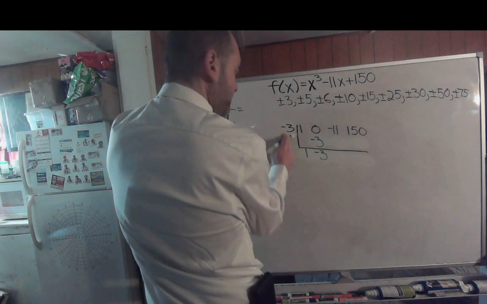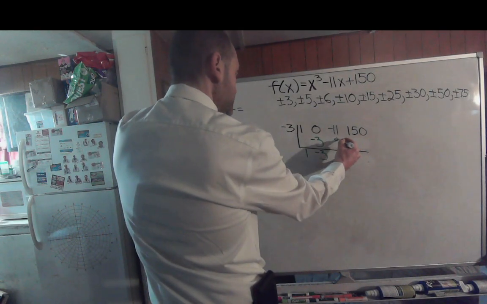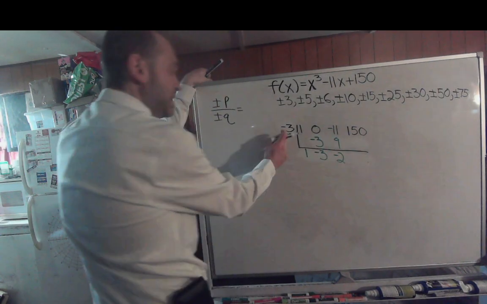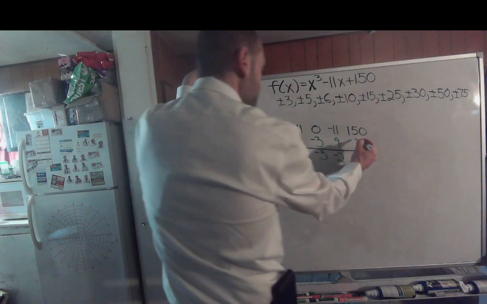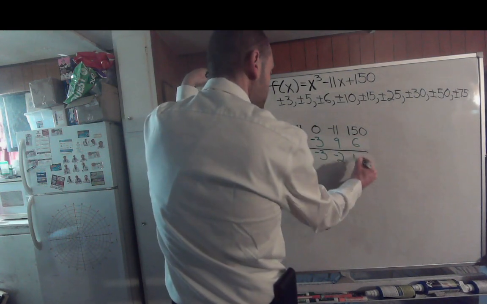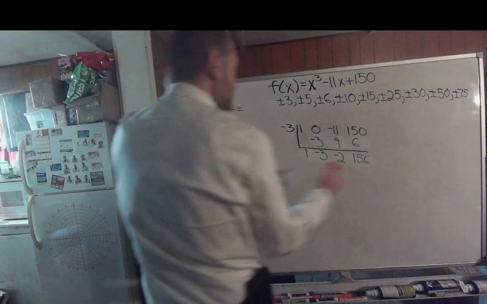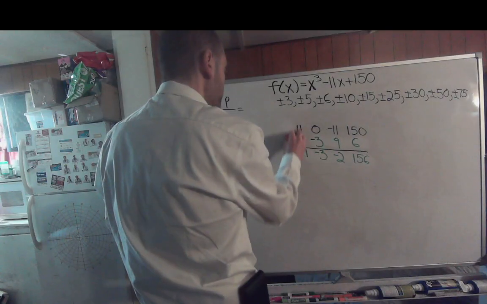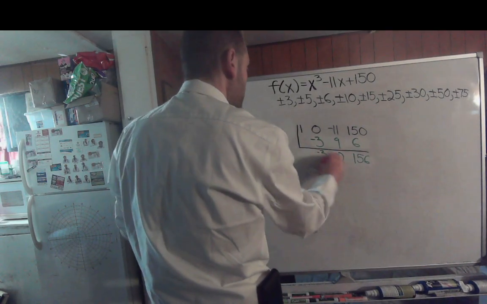Okay. Negative 3 times negative 3 is positive 9. Negative 11 plus 9 is negative 2. Negative 3 times negative 2 is positive 6. 150 plus 6, that's 156. That's not working. So our factors of 3 definitely are not going to work.